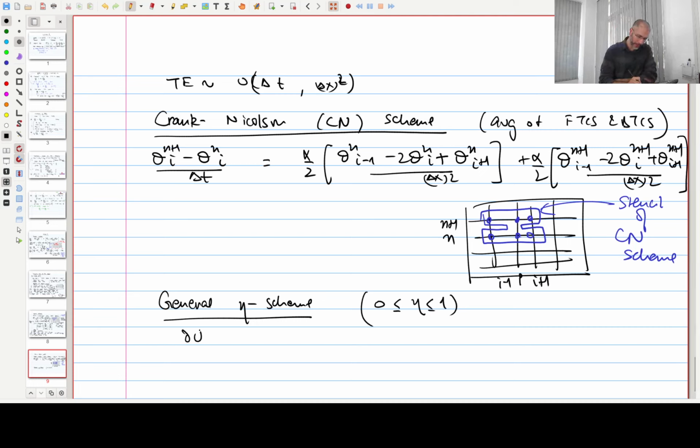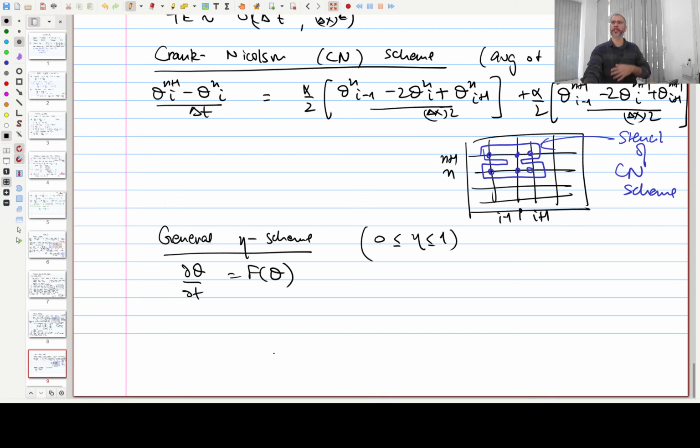The equation is written in this form: del theta by del t is some function of theta. In our case, this function of theta is alpha times del 2 theta by del x2, but it could be anything. So this eta scheme is used for transient equations of this sort.